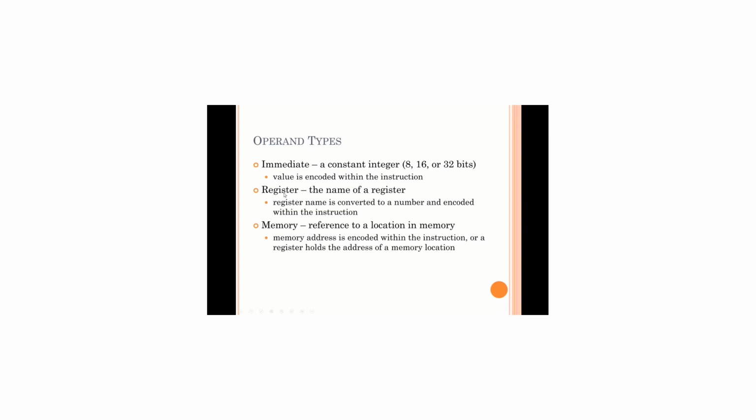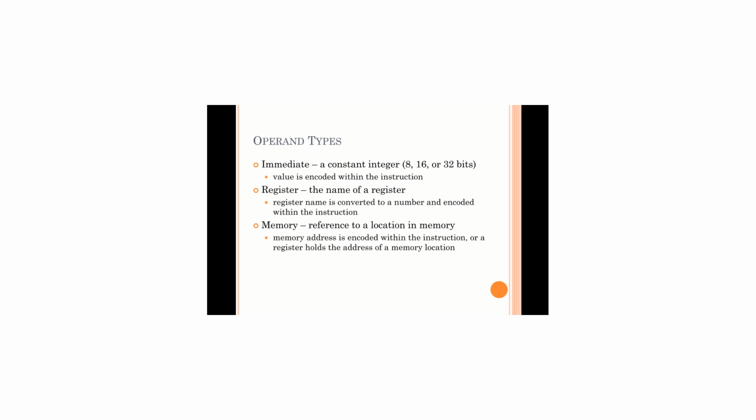Another operand type is register. Right? You use the name of a register. And the register name is actually converted to a number and then encoded within the instruction, in the machine code format, which is the same as the constant, the immediate value.